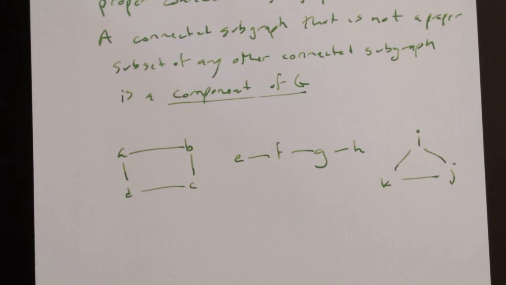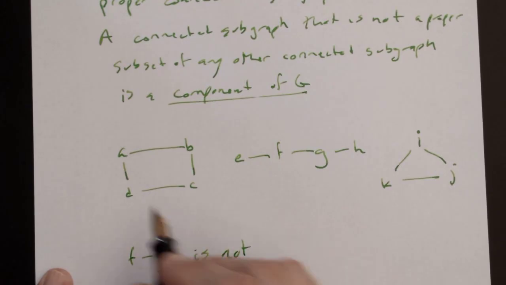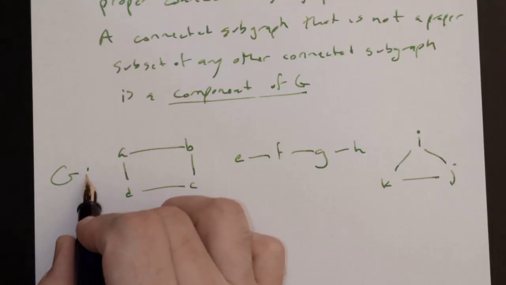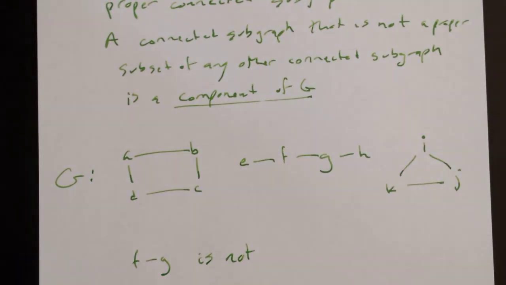Excuse me, it's not a component because it is a smaller section, so would A, B, C, D be a component of this graph? Yes. Because it's the whole thing. It's not a connected part of something bigger.